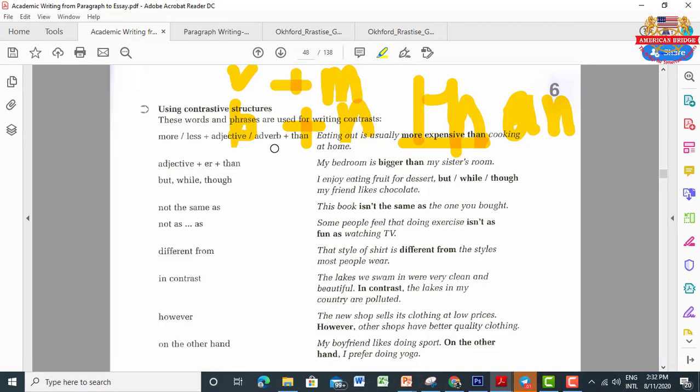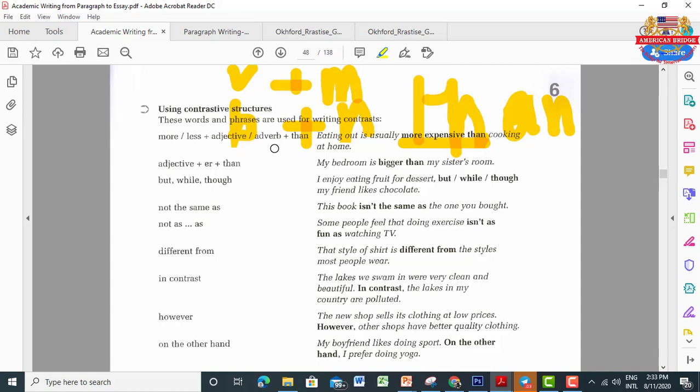So remember, if we use the comparative adverb, we use more or less, and after that we add a verb. Okay, like subject, verb, more or less, plus adverb, plus than. If we use the adjective, we use subject, to be, more or less, plus adjective, plus than.